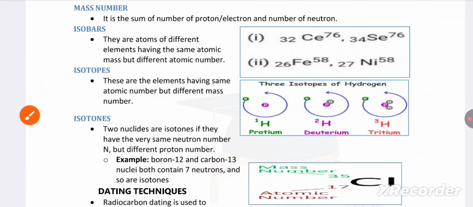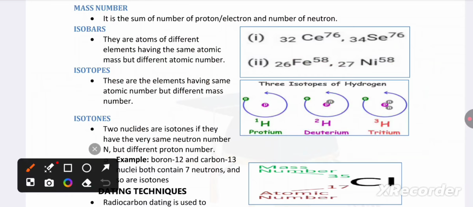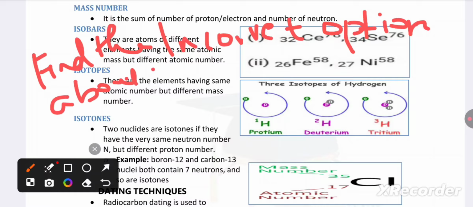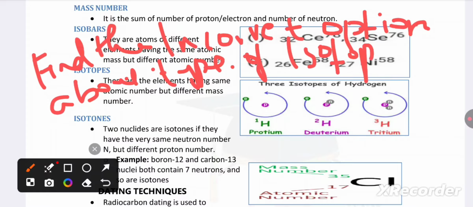Same like that, they will ask to find the incorrect option about the types of isotopes of hydrogen.